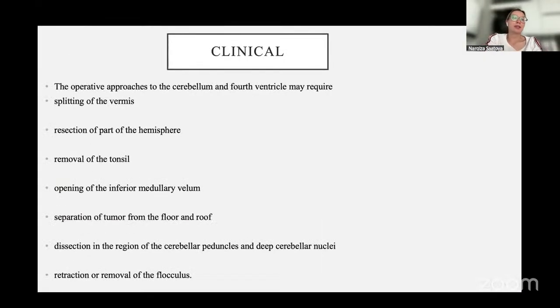What are the clinical implications? So the operative approaches to the cerebellum and fourth ventricle may require splitting the vermis, resection of part of the hemisphere, removal of the tonsils, depending on the diagnosis.